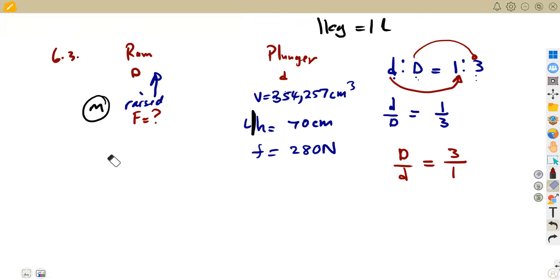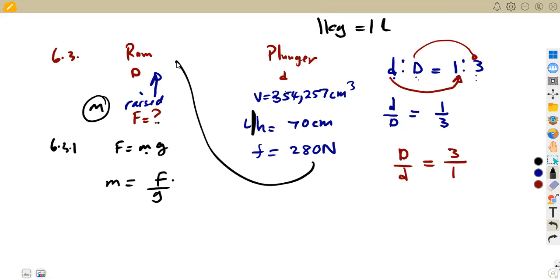Since the force is the mass times the gravitational acceleration, we can calculate the mass from there, which is force over the gravitational acceleration. But we do not have this force on the ram. We have it on the plunger, but it is not the one that is raised. It is the one that is raising the ram. So we can't calculate it from here.